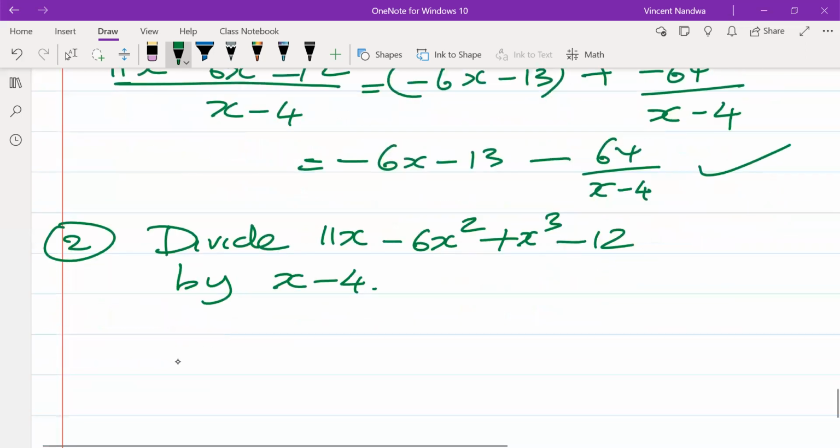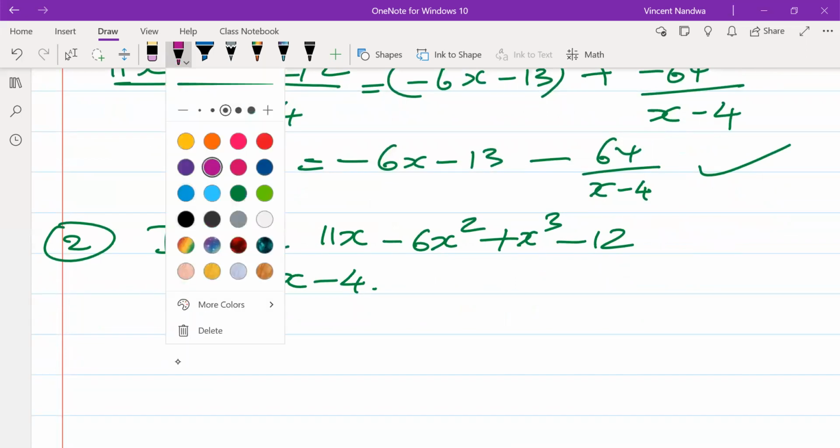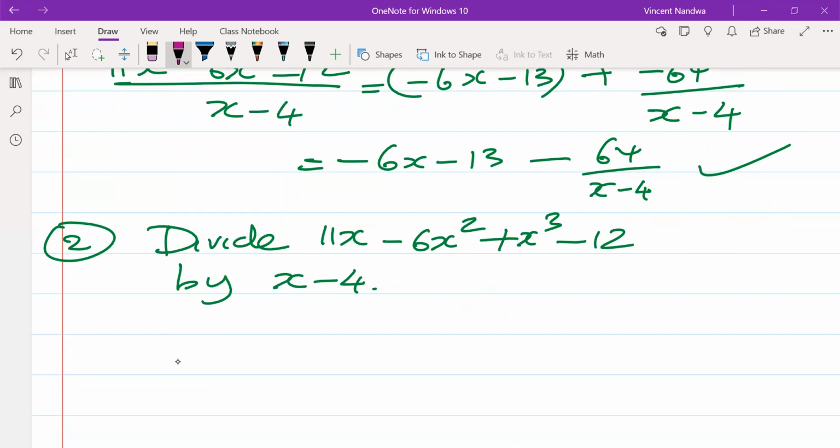So what is the first step? The first stage is to rearrange, so that we start with the term with the highest power of x. So we'll have x cubed, followed by minus 6x squared, followed by plus 11x, and then minus 12.